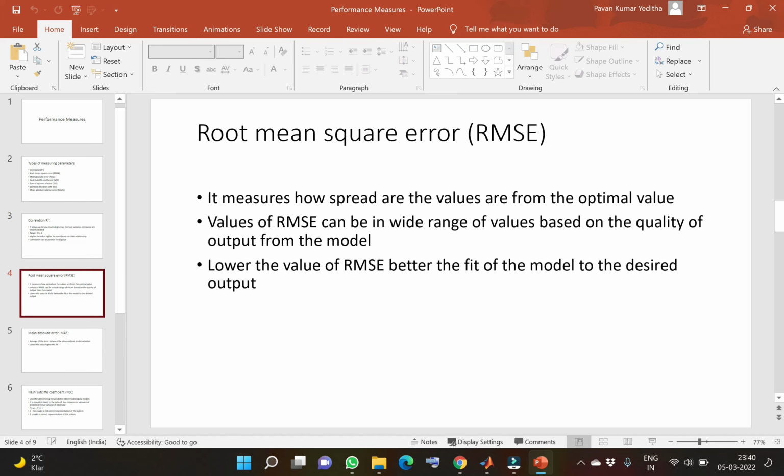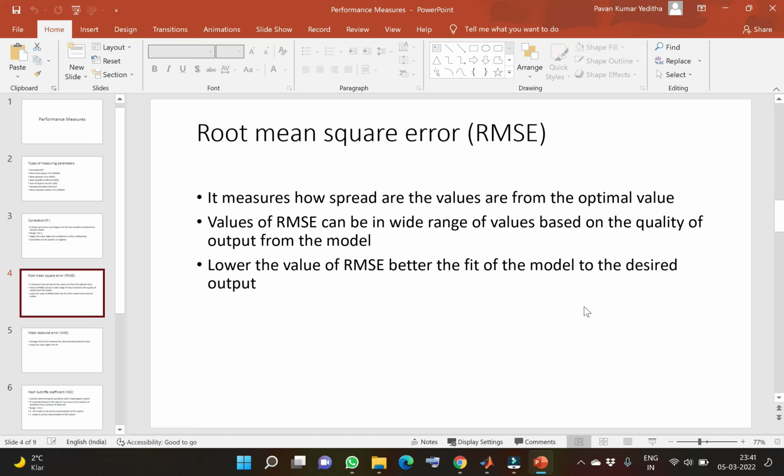So, the next one, which is commonly known by most of the people, is root mean square error. It is used to measure how the values are dispersed from the optimal value. For example, everyone knows about a linear graph y is equal to ax plus b, where the line passes from the origin.